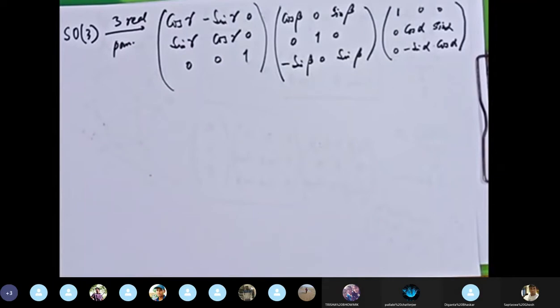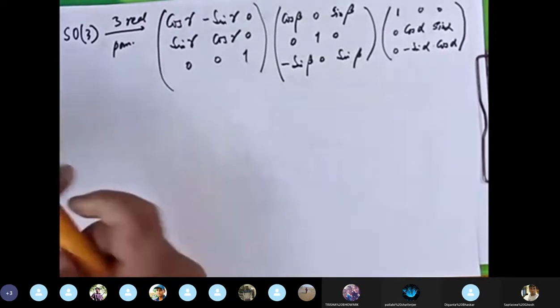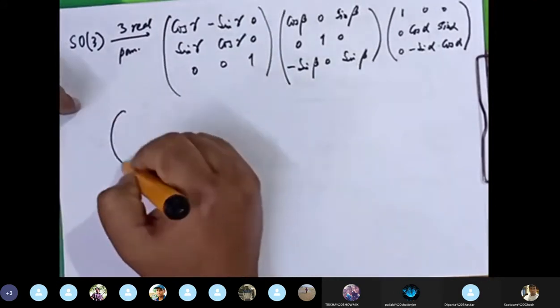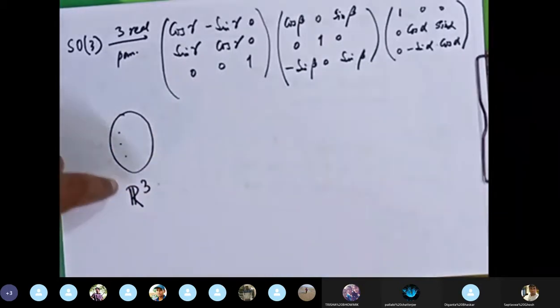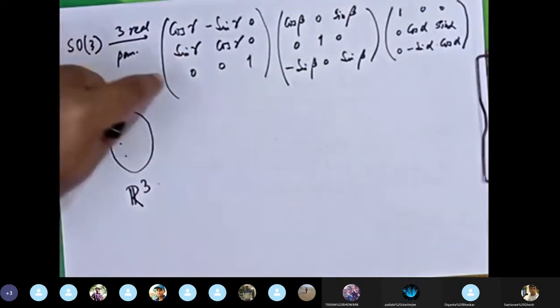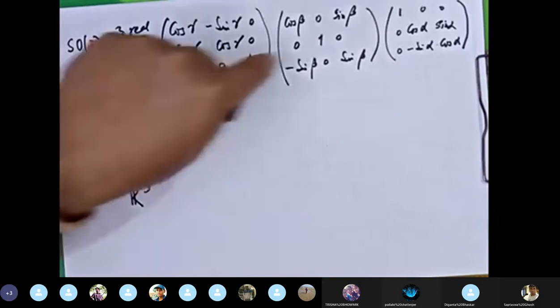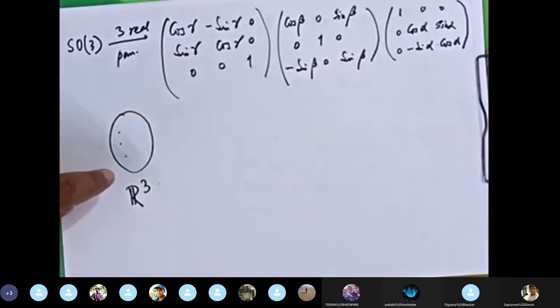Now, you are doing a rotation of all vectors. I am telling it in a reverse way now in R3. So there are different vectors x, y, z, w, v, u, like that. Take any vector. Now, for a given alpha, beta, gamma, for a given parameterization, take this matrix as a fixed matrix. Now, operate this matrix on all the vectors. So all the vectors will be transformed to a new set of vectors, which all lie in this R3.